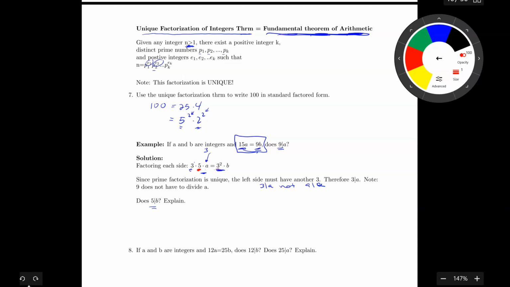I don't see a 5 on the right-hand side, so 5 must be in b. So yes, the factor of 5 must be in b, so that means 5 divides b.